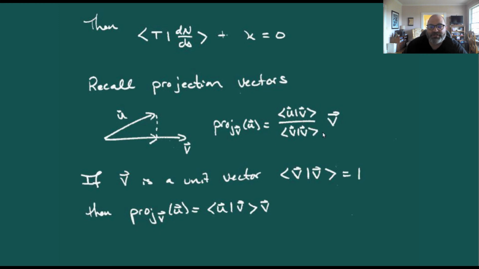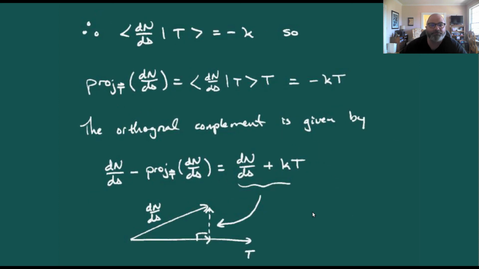This was our scale factor that scaled our original vector v, because it was supposed to be a vector in the direction of v. In the special case when v is already a unit vector, so that its dot product with itself is 1, the formula reduces to the dot product of u with v times the vector v itself.